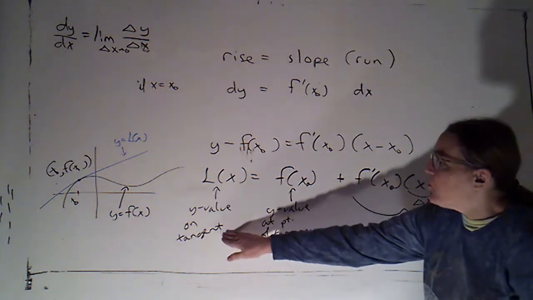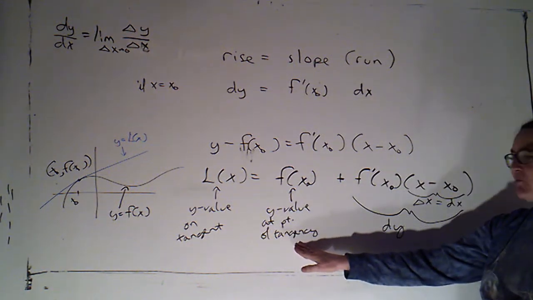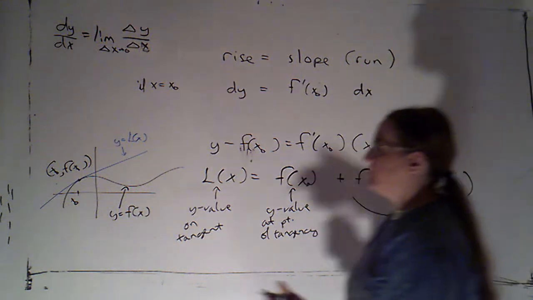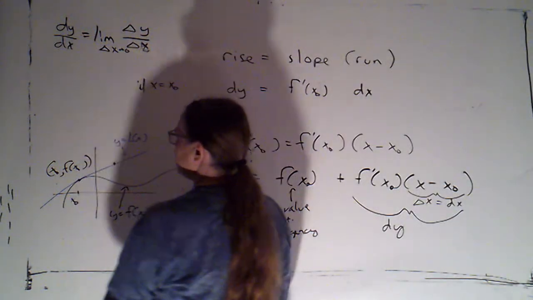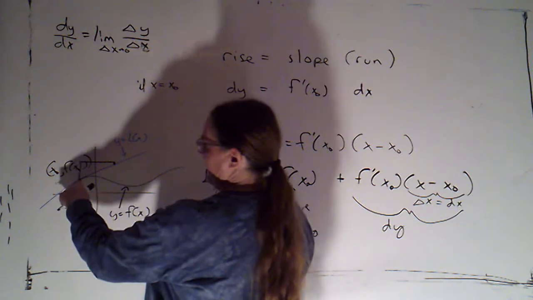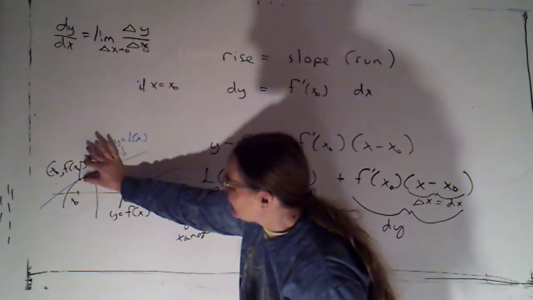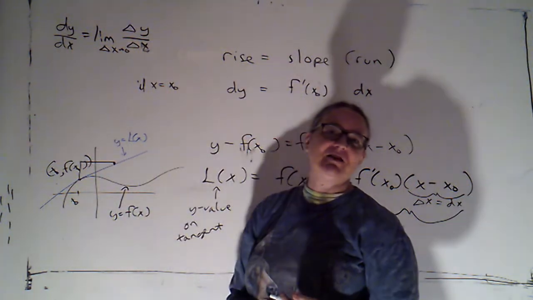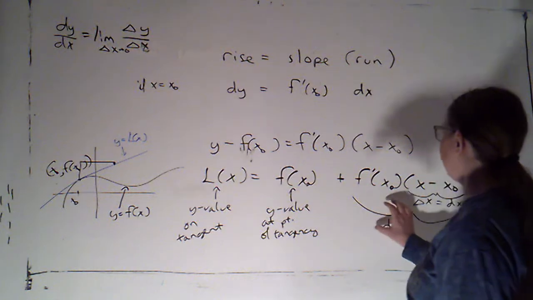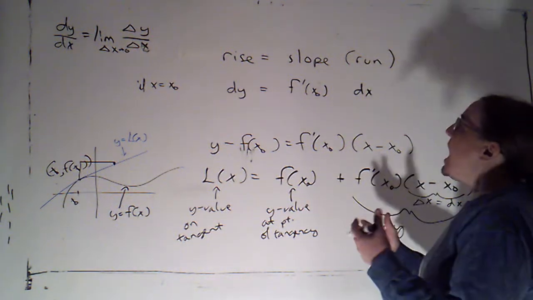So this is saying the y value on the line is equal to the y value at the point of tangency plus some change. Here's a point on the tangent line. What's the y value? Well, it would be the y value I start at here plus this amount of change, and that vertical change right there is my dy. So it just gives me a slightly different way of looking at the equation of the tangent line.